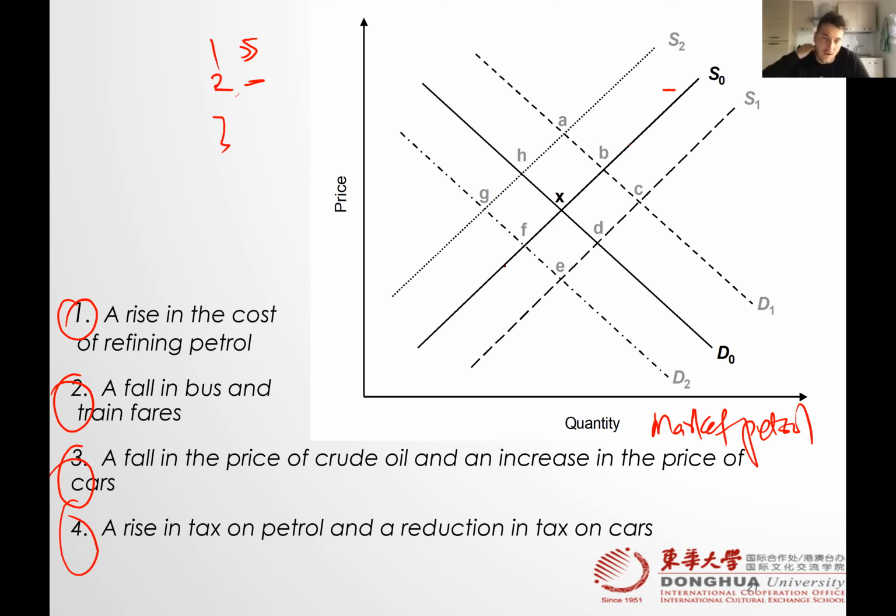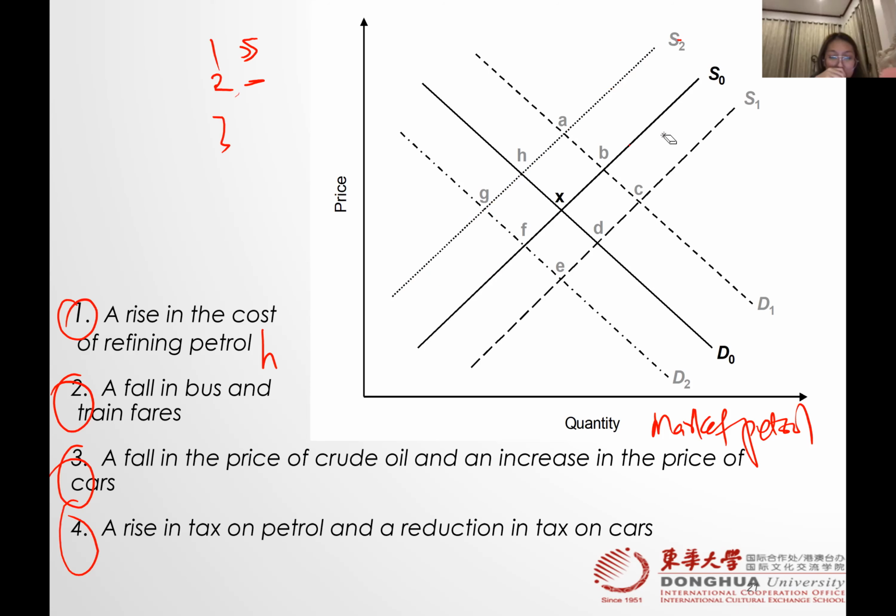So it shifts to the left. When it shifts to the left, it means S2. So D naught and S2 cut at H, right? So our equilibrium is going to be on H. Let me erase this mess here.